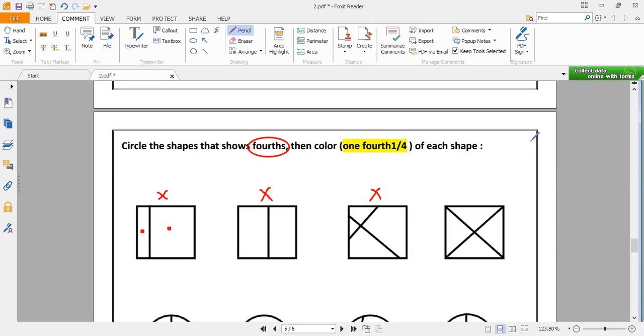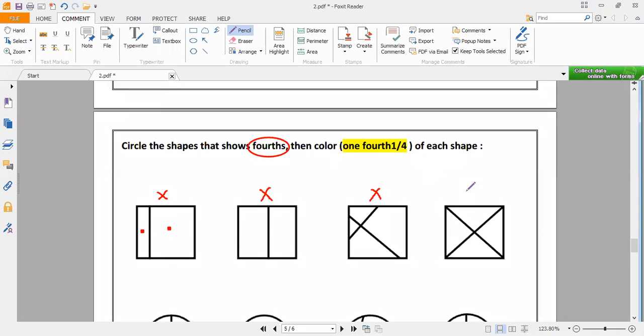Four. Sidra, wait, turn on your mic again. Yalla, Sidra. How many parts in this shape? Four. 1, 2, 3, 4. Do all the parts look the same or not? The same. The first triangle here is the same with the second triangle, the same with the third one, and the same with the last one. So can I say that this shape shows fourths?